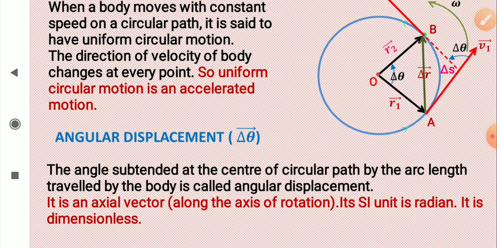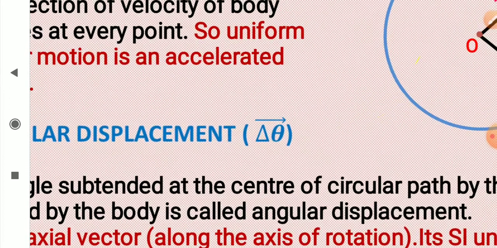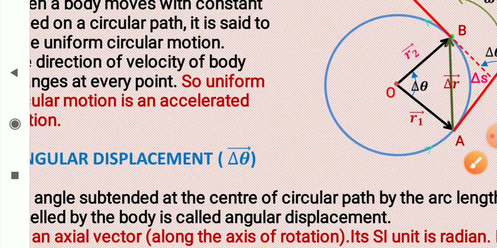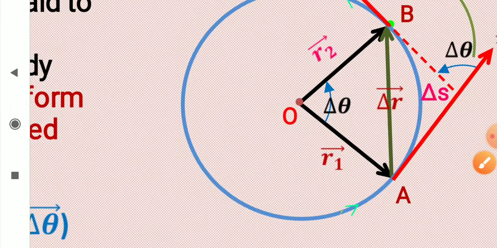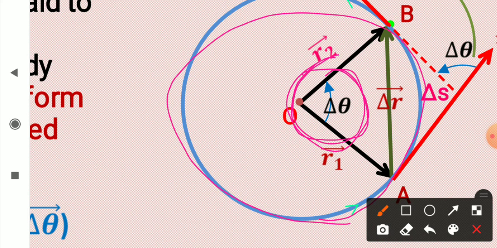And another interesting thing is that this angular displacement is a vector quantity and it is a different type of vector. This is called axial vector. Now, see this, if you see the circular path is along this direction, right?